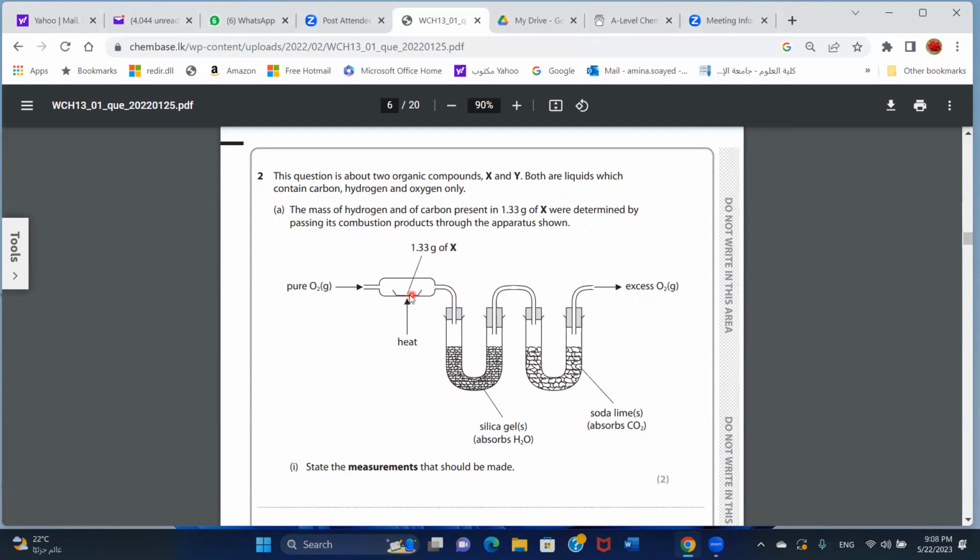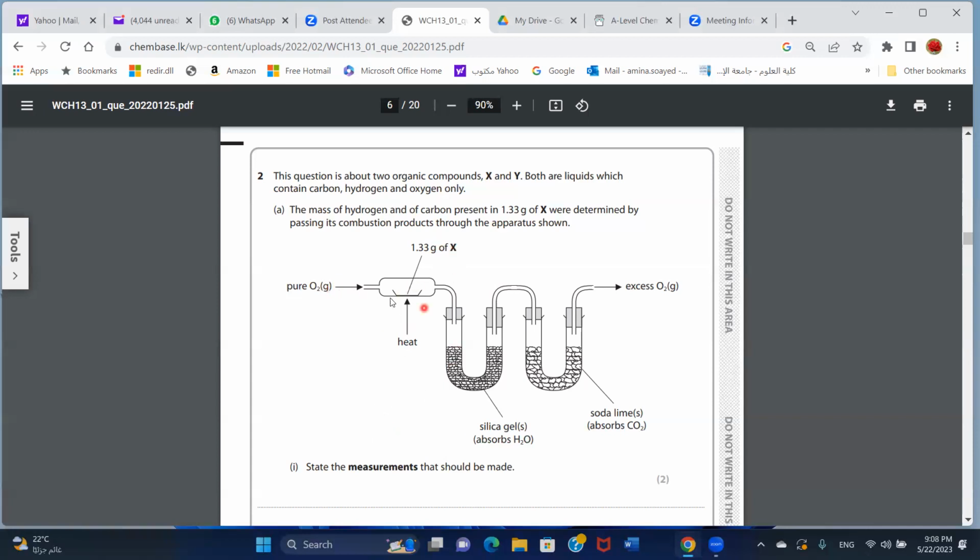Here you have an organic compound that has this mass, 1.33 grams of the organic compound X, okay? And you passed oxygen to burn it, to combust it. Whenever you have an organic compound that contains carbon, hydrogen, and oxygen, and you burn it, what do you get? H2O and CO2. Yes, H2O and CO2, isn't it?